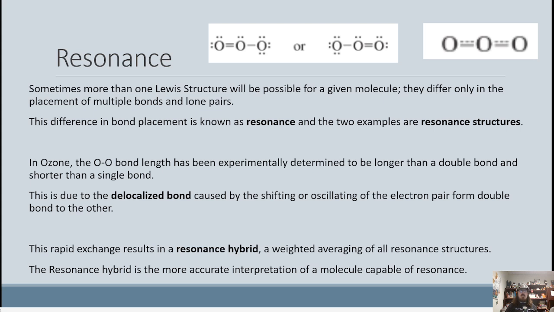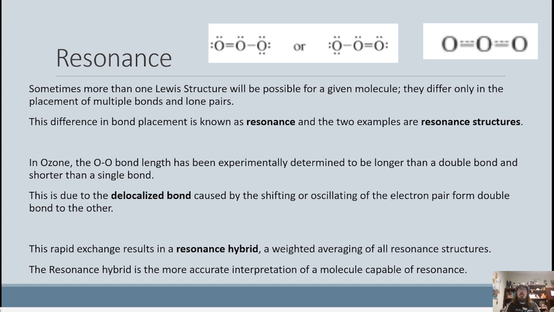And what we see is if we analyze this enough, we get a structure that is not actually double bonded or single bonded. It is a mixture of the two. You get a bond that is actually experimentally between a double and a single bond. This is because there is a delocalization.